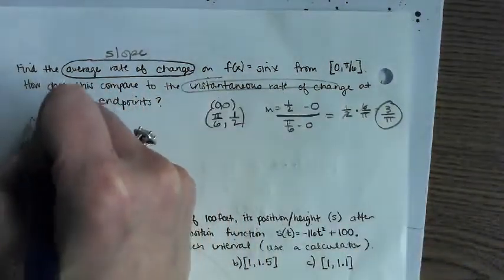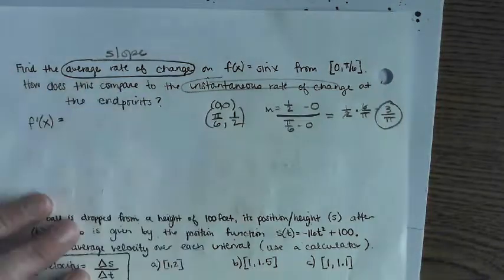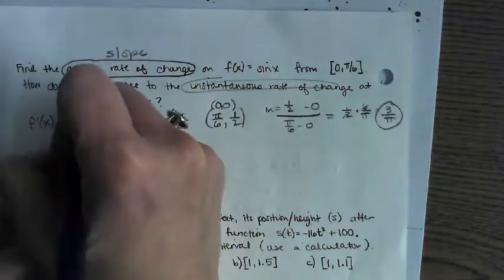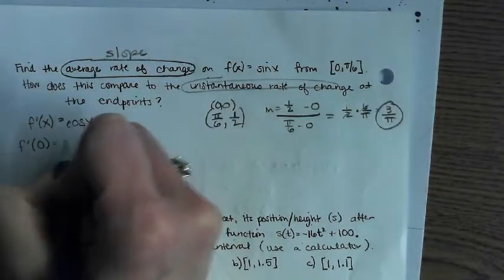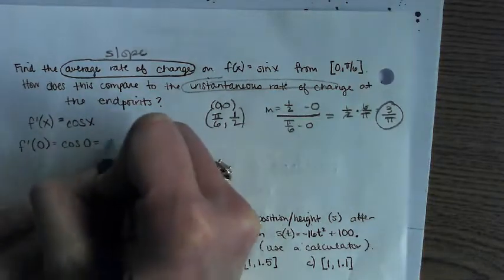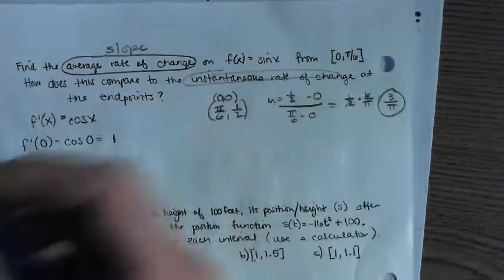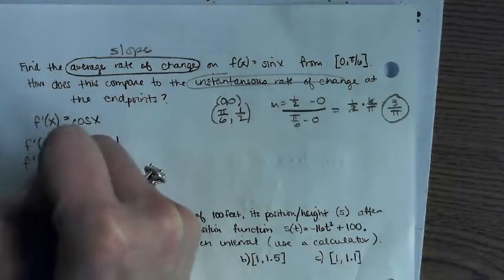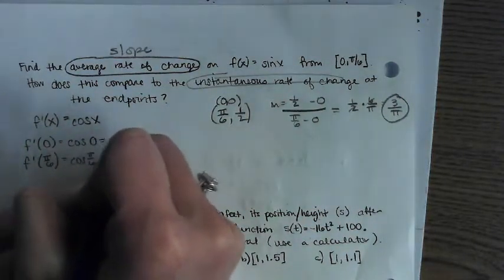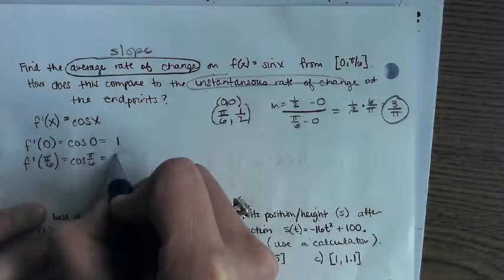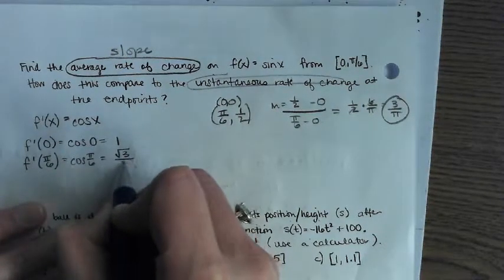So let's first find our derivative formula. What's f prime of x? Cosine. So if we find the derivative at the 0 endpoint, the cosine of 0 is 1. And at the other endpoint, pi over 6, cosine of pi over 6 is root 3 over 2.